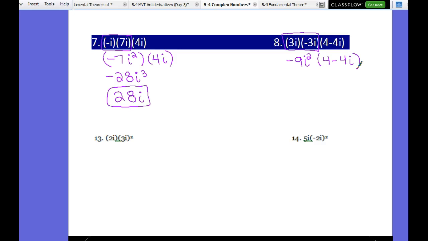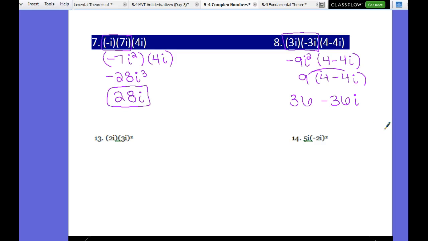So negative 1 times a negative 9 gives me a positive 9. Now distribute a positive 9 in. 9 times 4 is 36, 9 times negative 4 is negative 36. If you hadn't changed it out and you distributed and then did it, you would still end up with this exact same answer. Because that would have become i squared, so it became positive anyways. That would have been i cubed, and it becomes a negative i.